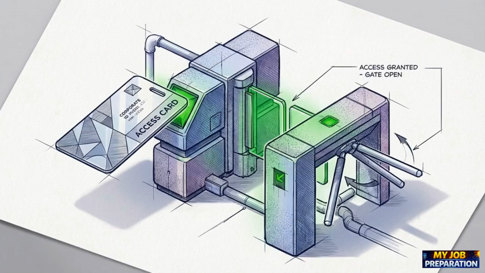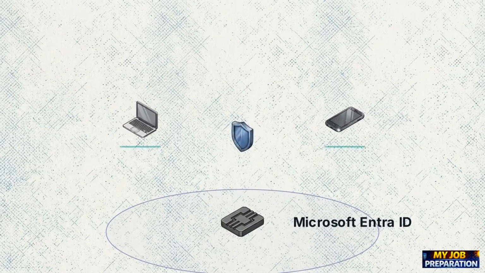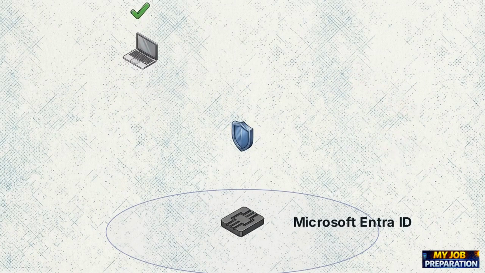Device enrollment and user access are strictly gated by these Entra ID accounts, ensuring that only authenticated entities can interact with corporate resources. This allows for conditional access policies, using the identity foundation to dynamically allow or block access based on whether a device meets specific security requirements.